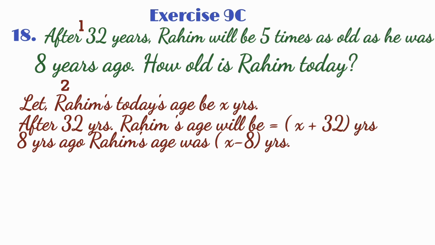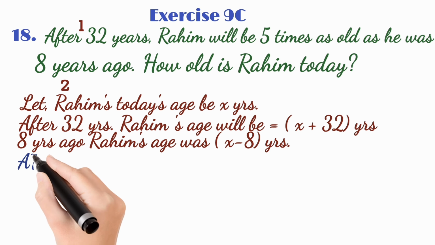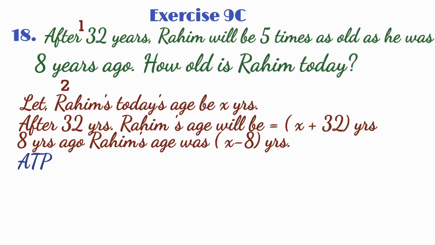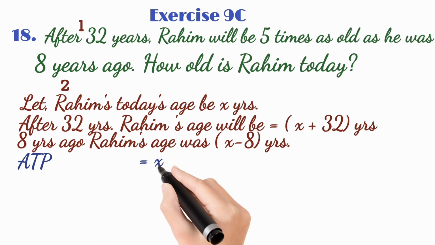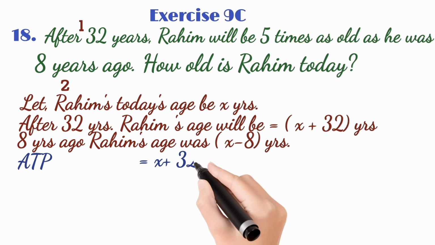Clear? Now, children, see, according to the problem, after 32 years, Rahim will be 5 times as old as he was 8 years ago. So, according to the problem, the trick is that you will first write what is given.